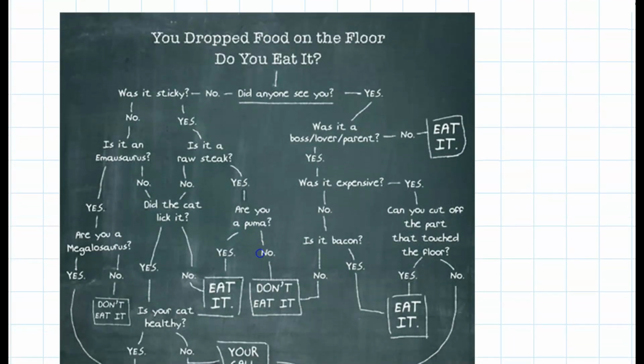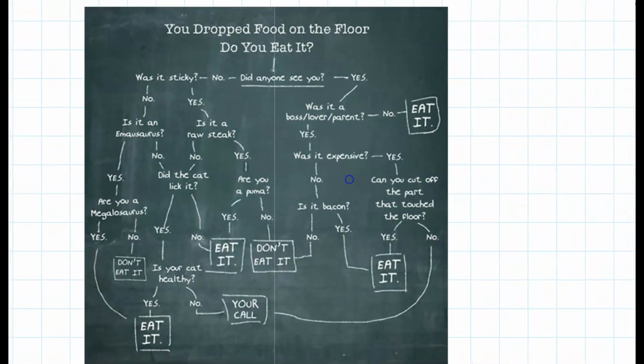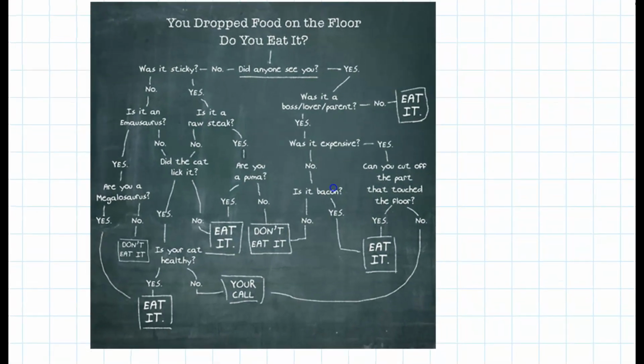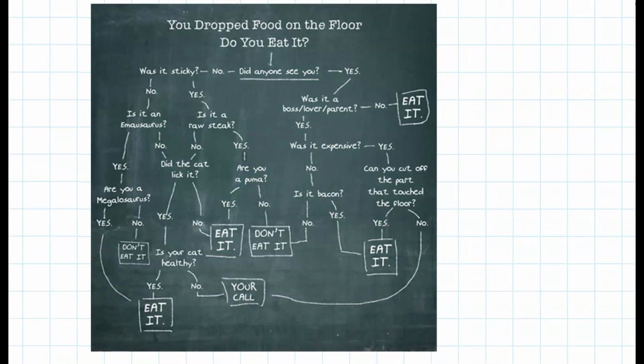One other example, this is a nice joke example, or you can take it seriously. I do not take any responsibility for what you do and do not eat off the floor based on this flowchart. So you dropped food on the floor. Do you eat it? The first question, did anyone see you? Maybe no. Was it sticky?